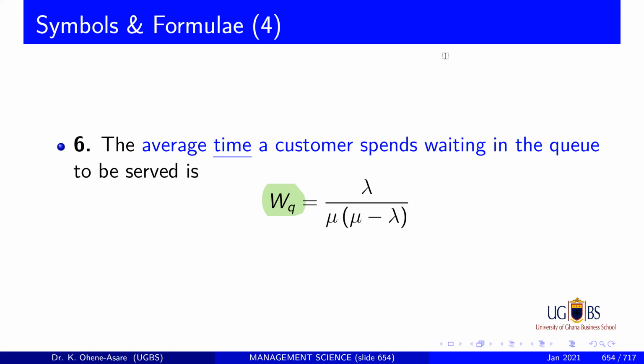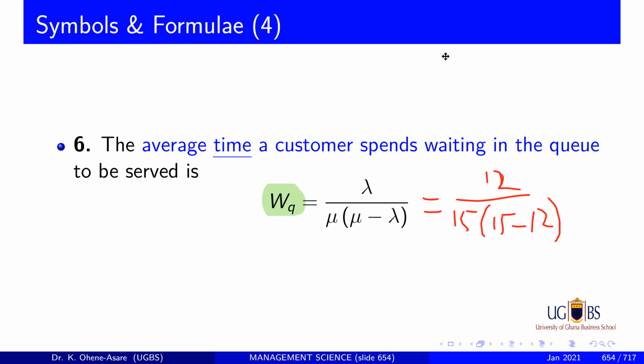This is the WQ. The WQ is lambda over the mu into bracket the mu minus the lambda. Now remember the mu is 15. So if you are calculating this, lambda, which was 12, divided by 15, which is the service rate, into bracket 15 minus the 12.